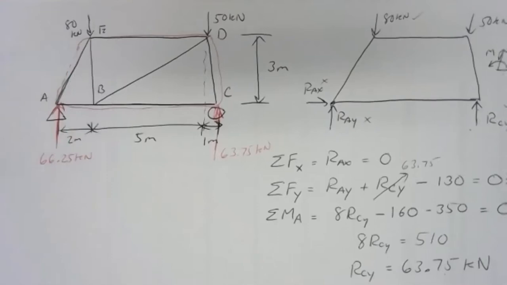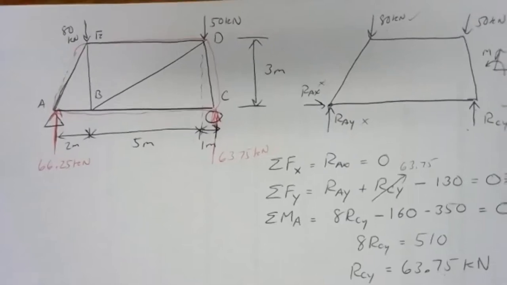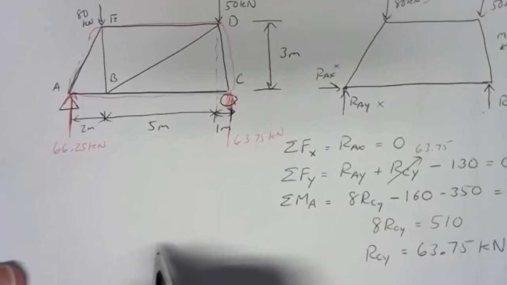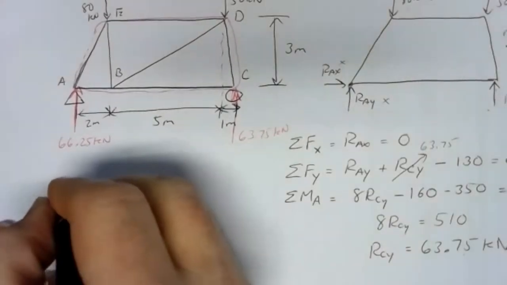So we've got our reactions. Now we can go into the actual method of joints. So for method of joints, we've got to pick a joint that only has 2 unknown members associated with it, and work out the equilibrium. And to help us with that, or at least to give us someplace to put our information, let's draw up a table.